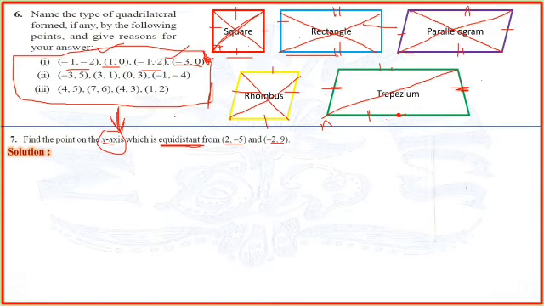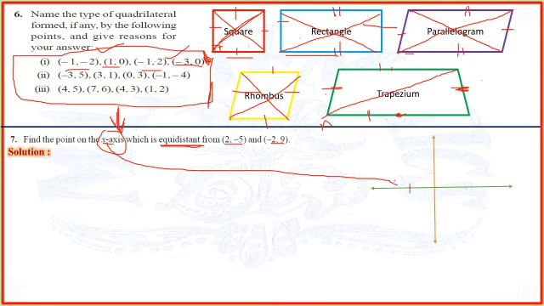Let us start with a diagrammatic understanding of the question. This is the x-axis and y-axis. Here is the point we are talking about, the point lying on the x-axis, where the x coordinate will be x and the y coordinate will be 0.